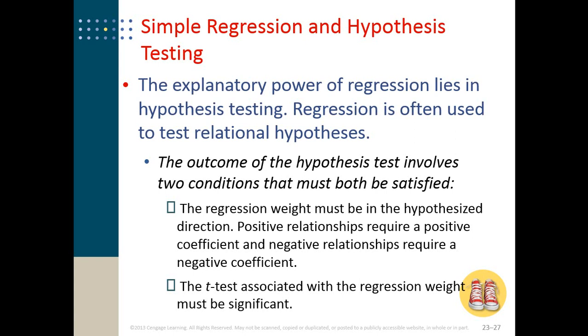So in each of these cases, we may develop a hypothesis. For example, customer satisfaction has an association with brand loyalty, or customer satisfaction has an association with price level. Employee satisfaction does not have an association with salary level. Employee satisfaction has an association with salary level.